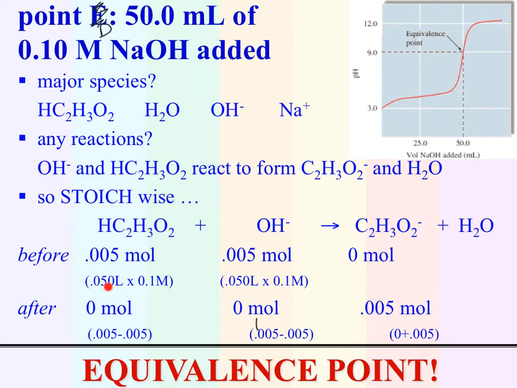Obviously the number of moles of our hydroxide and our acetic acid are equal. Our acetate ion remaining is as follows. So we're going to go ahead and calculate our pH at this equivalence point.